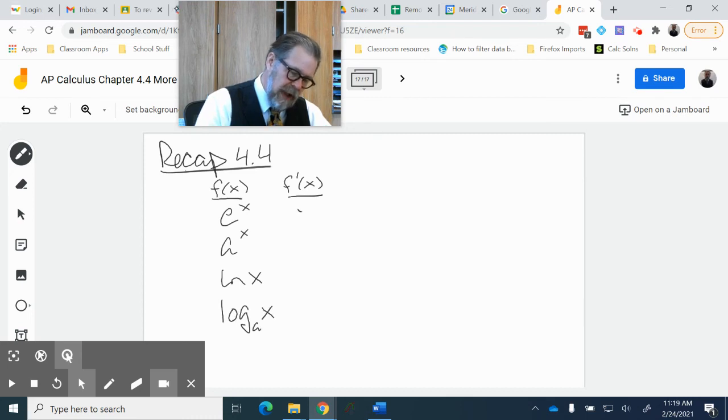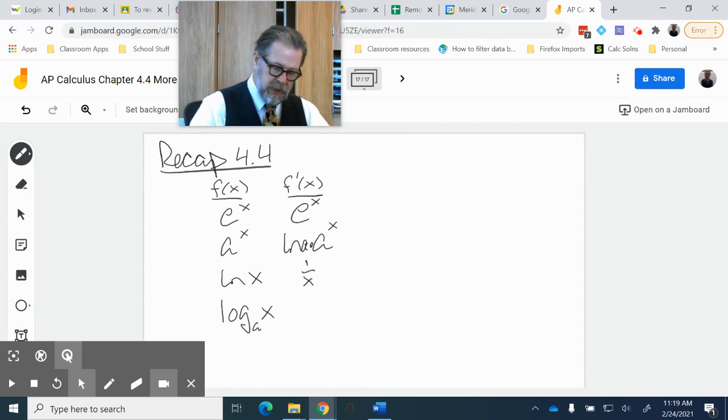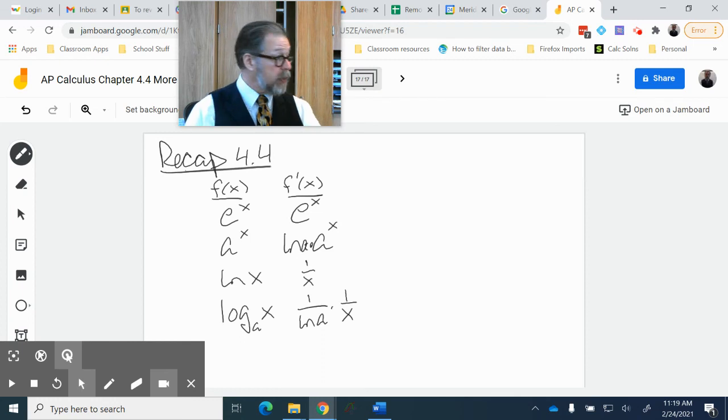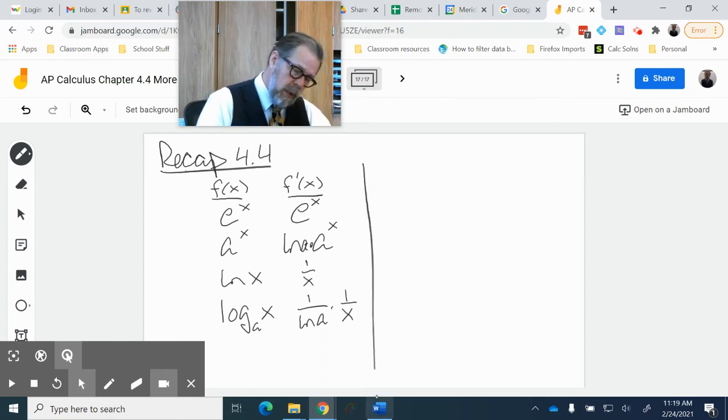We figured out that the derivative of e to the x was itself, that the derivative of a to the x was itself times the natural log of a, that the derivative of natural log of x was 1 over x, and that the derivative of log base a of x was 1 over natural log of a times 1 over x. We talked about logarithmic differentiation.